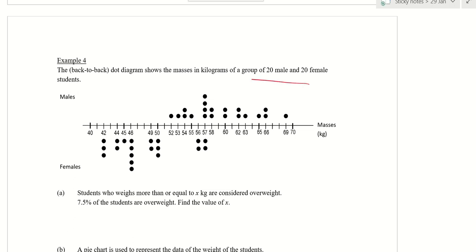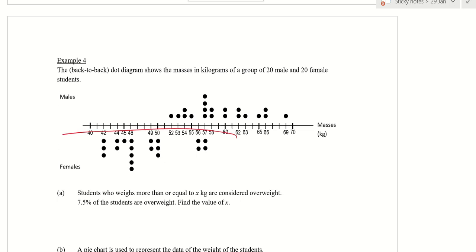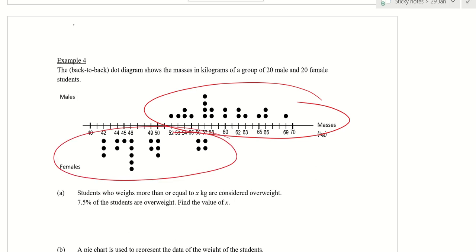Basically, we are just trying to put two sets of data very close to each other such that they share the same number line. So on top, we have the dot diagrams for male students. Okay, this is the masses. So at a glance, comparing the male and female students, I can say that actually the males are heavier than female students. Because male students, their masses are clustered more towards the right.